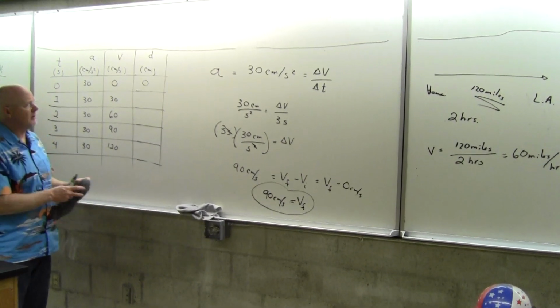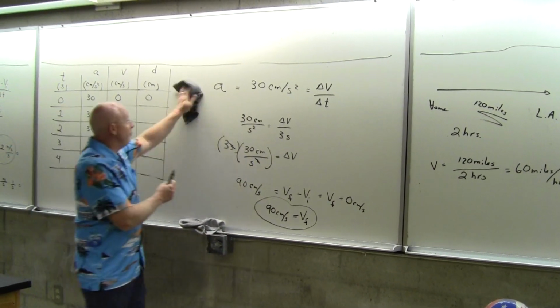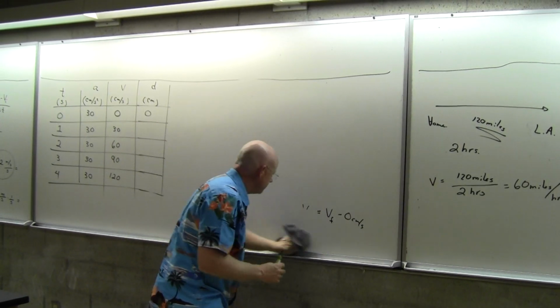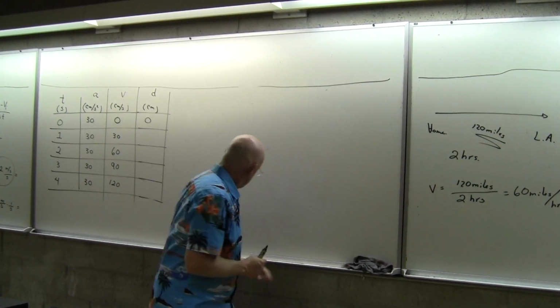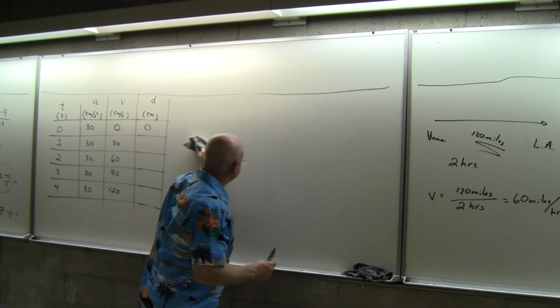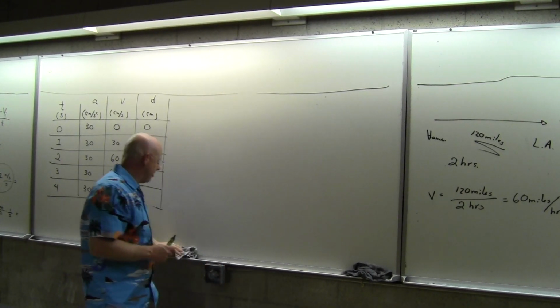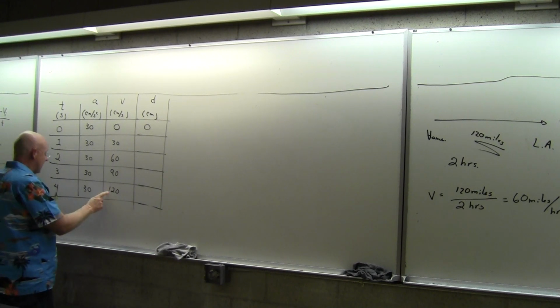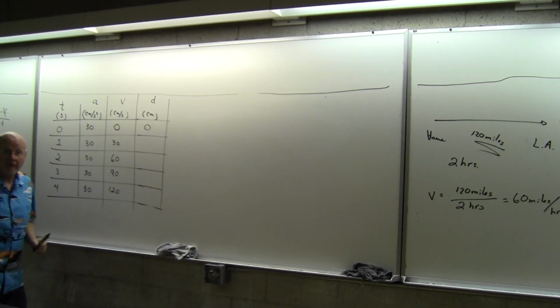Now, maybe I'll do another one from this column before we move to the next column. But if I go ahead and I say, could you tell me the speed after 4 seconds? But let's do it a little different.